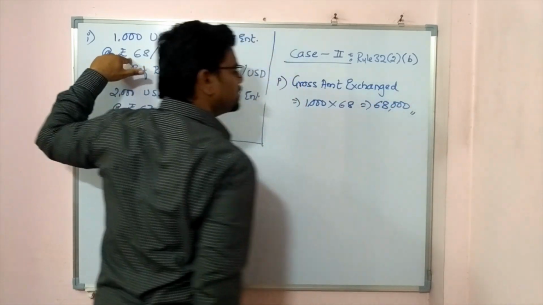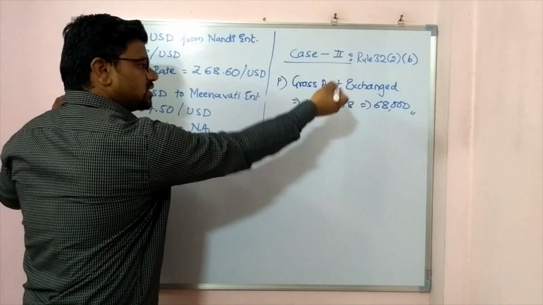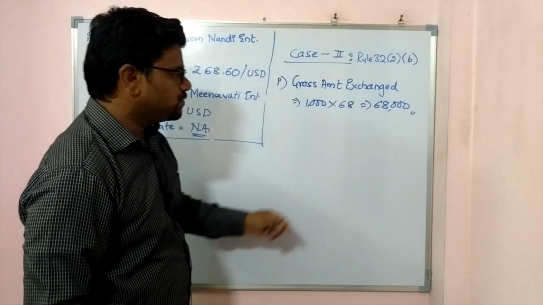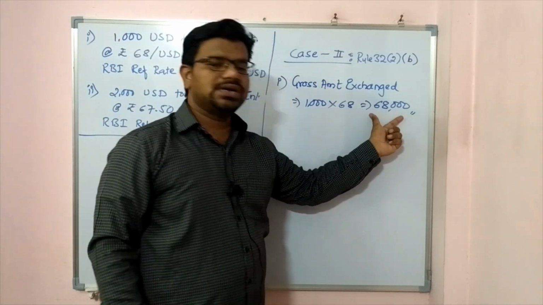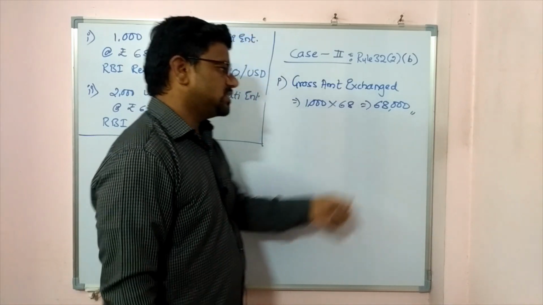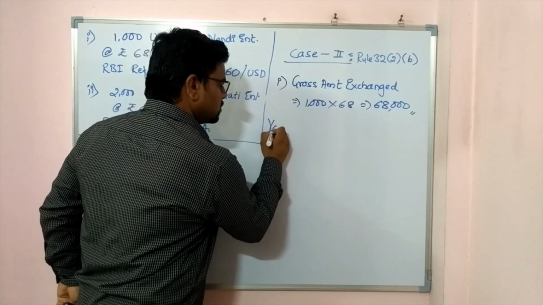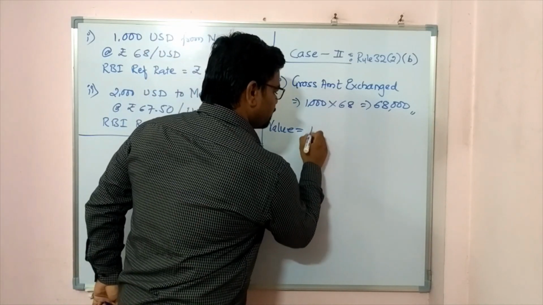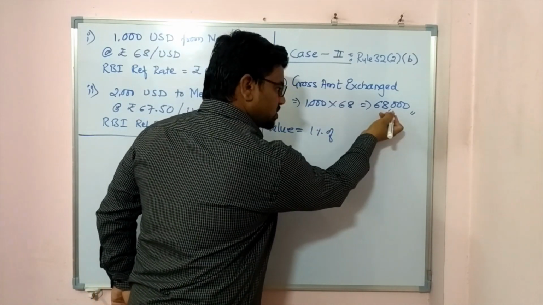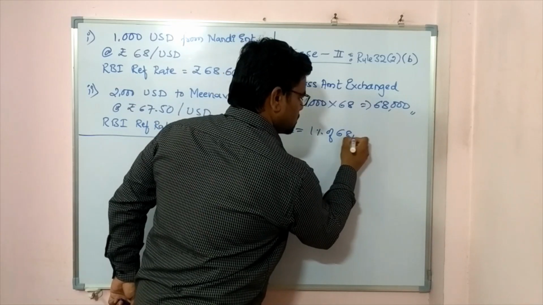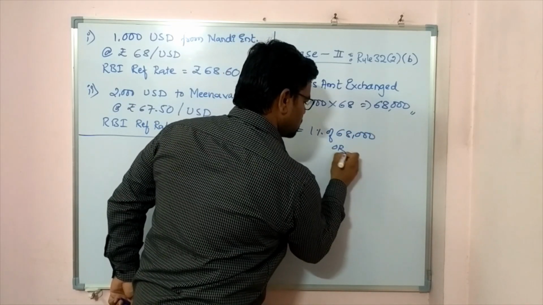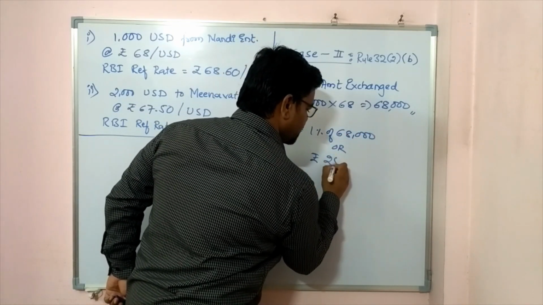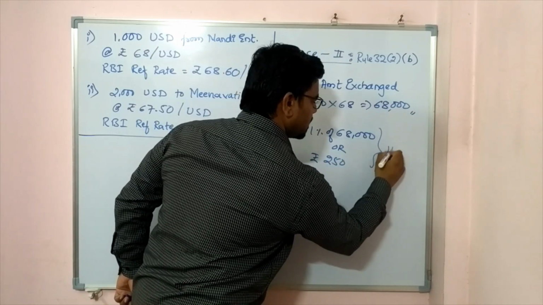Okay, this is over. When I get the gross amount exchanged, I have to first see, is it less than 1 lakh? Yes, it is less than 1 lakh. Then what is the value? Value will be equal to 1% of gross amount exchanged, or rupees 250, whichever is higher.